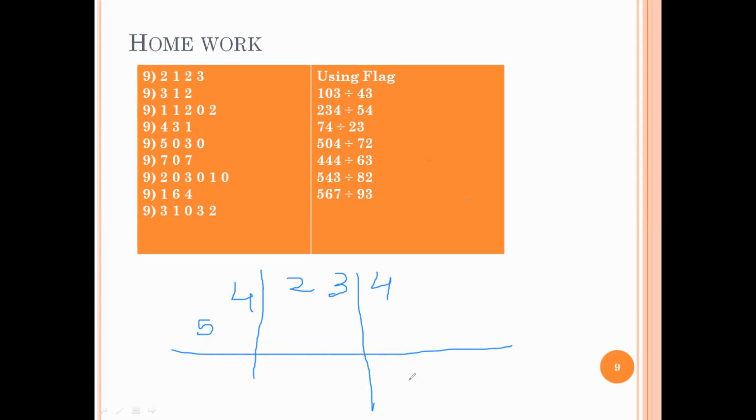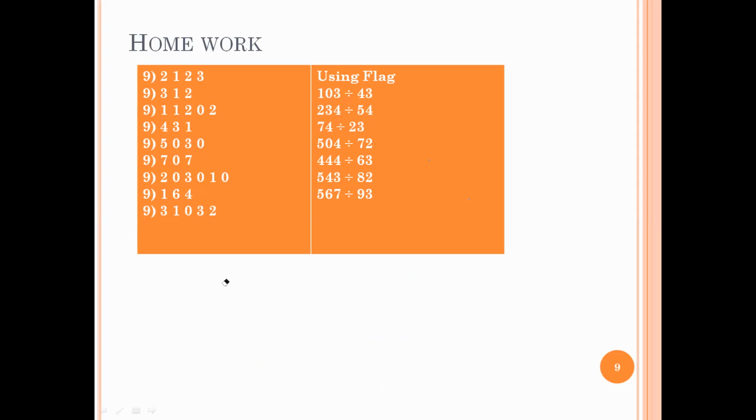Suppose now it is 5 fours are 20, 34. Then again 4 fours. Then again it is the same way. Again it is a simple problem. It's not complicated. Maybe make some complex problem.